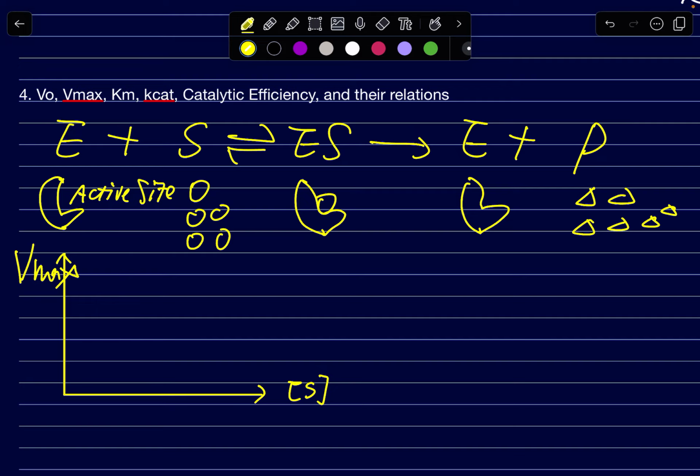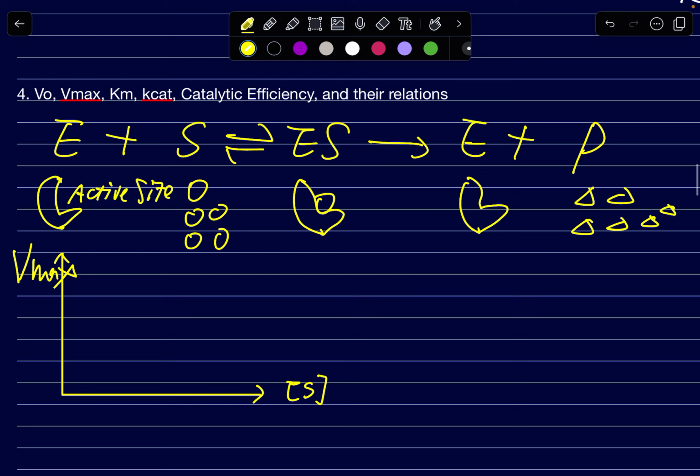I just keep adding substrate, and at some point, no matter how much more I add, it doesn't change the Vmax. Why? Because I have a certain amount of enzyme. No matter how many more substrates you have in the system, they can't get attached to another enzyme. So when the enzyme is saturated, we reach the Vmax.